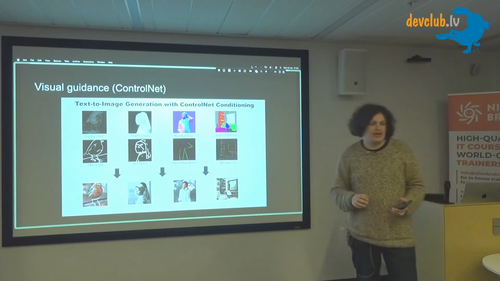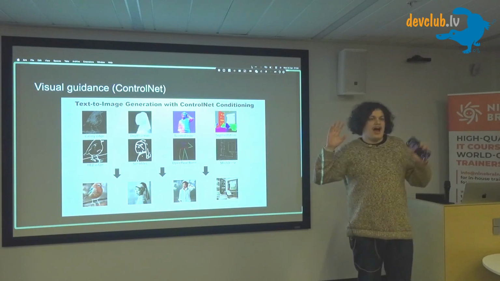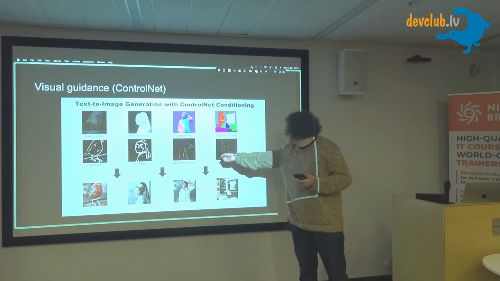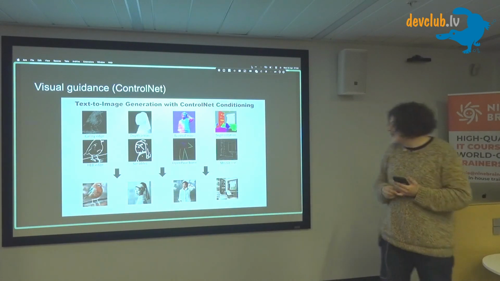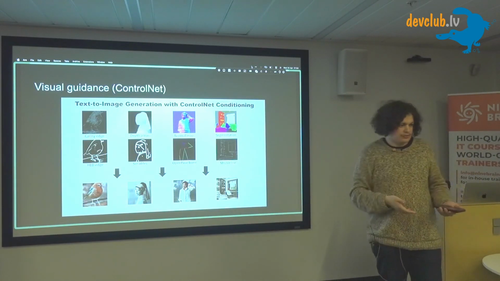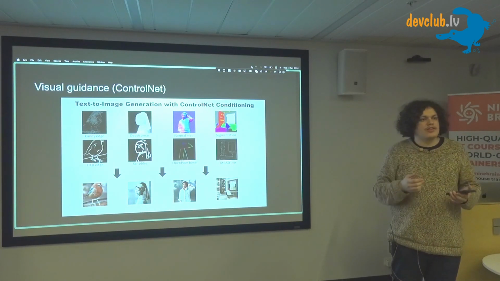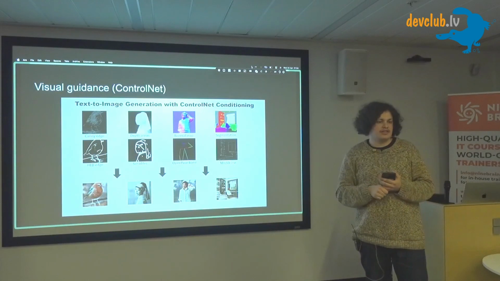For example, I have a reference photo of a man, and he is standing like this. I can create an OpenPose of the reference photo, and then I can ask the model to generate the person that I need in the pose which I have set.